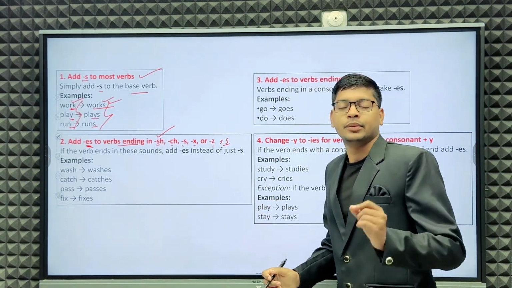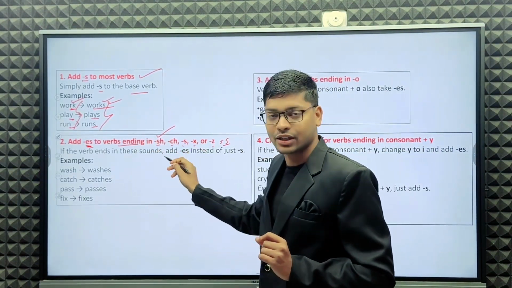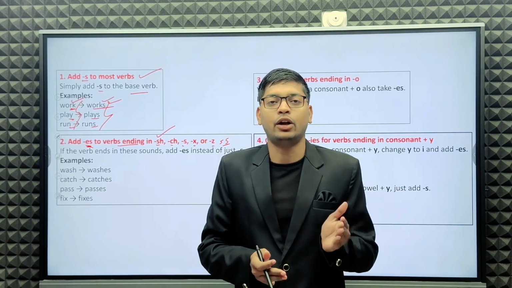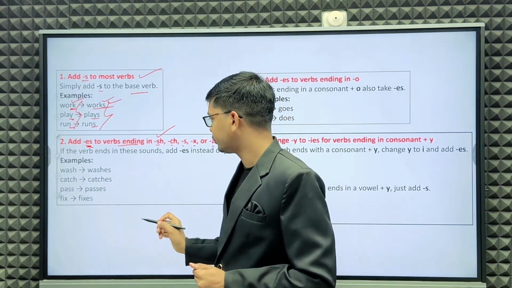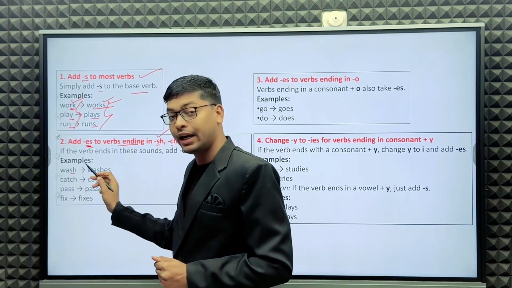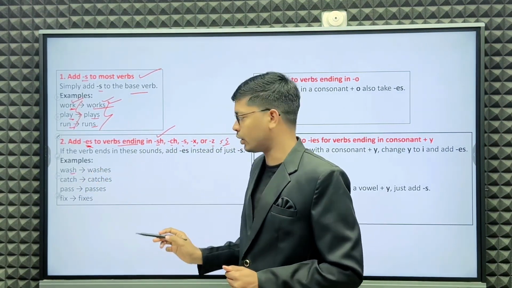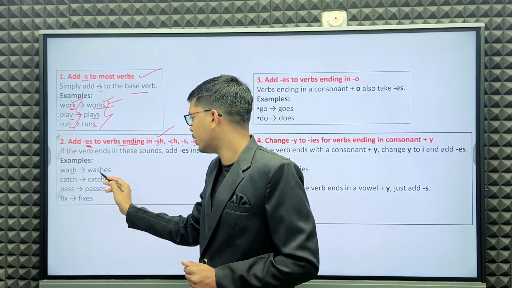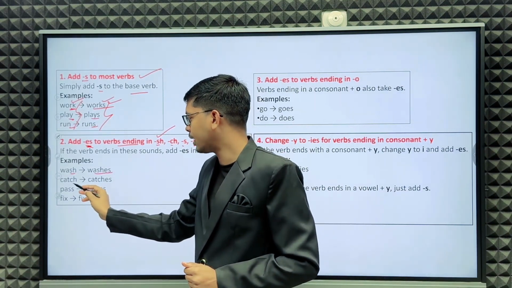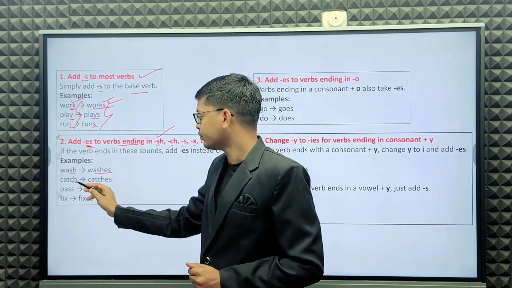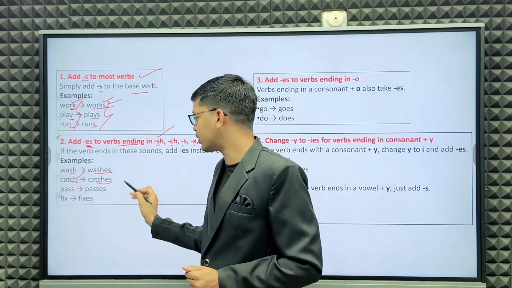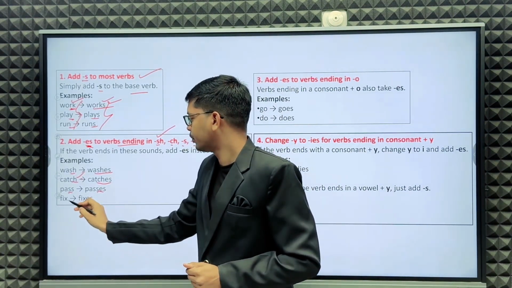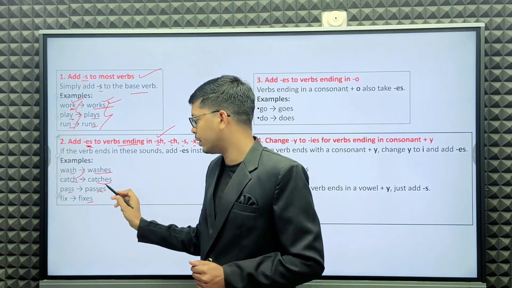When verbs end in sh, ch, s, x, z, double s, we have to add es to the end of the verb. For example, bus ends with s, so it makes buses. Catch ends with ch, so it makes catches. Pass makes passes. Fix makes fixes.